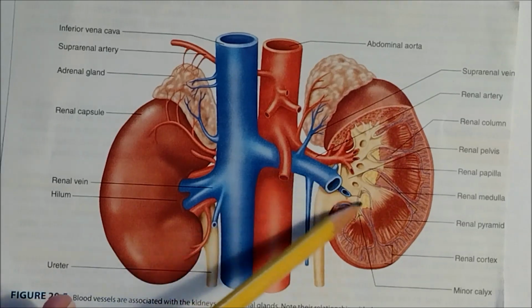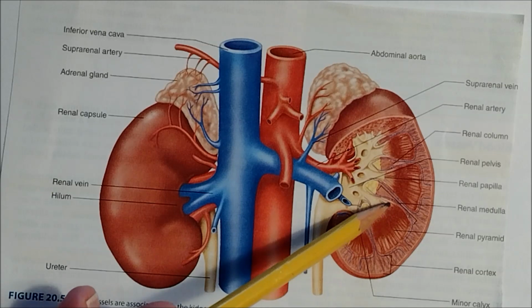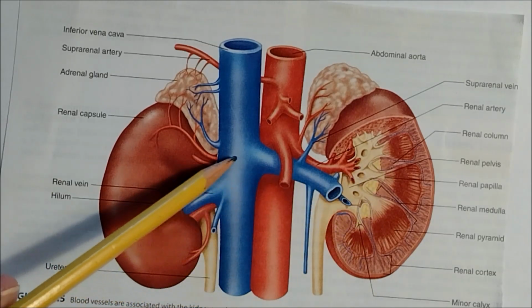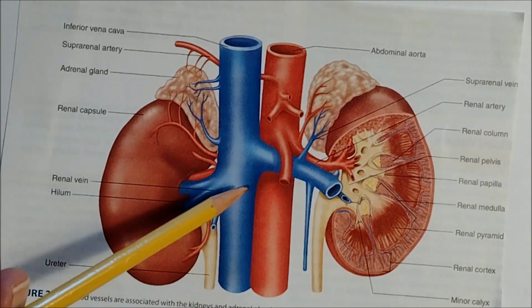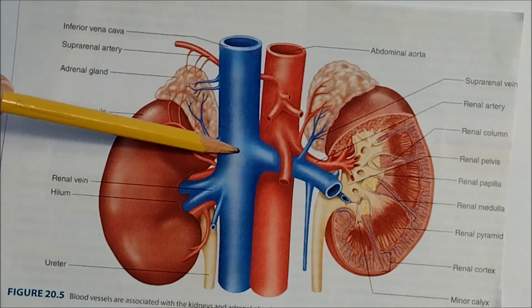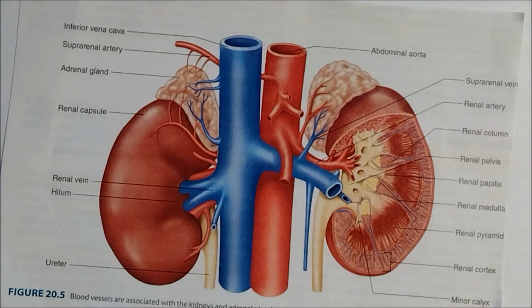Once the blood has flowed through the kidney and needs to go back into the body, it'll go back into what is called the inferior vena cava. You recall we learned about that in the heart module. And once the blood is back in the inferior vena cava, it flows up to the heart again.